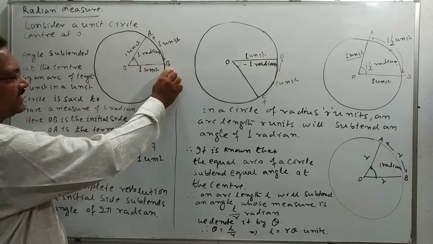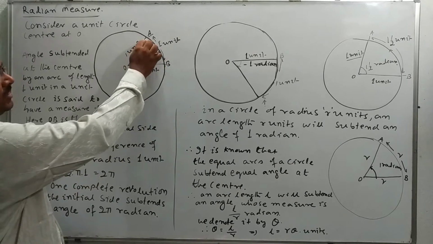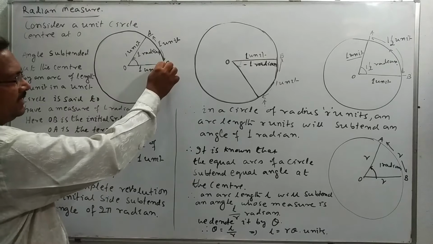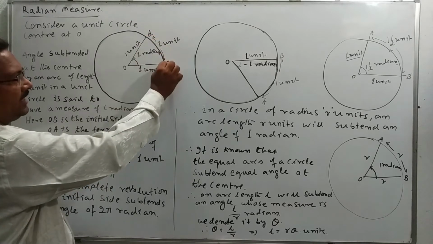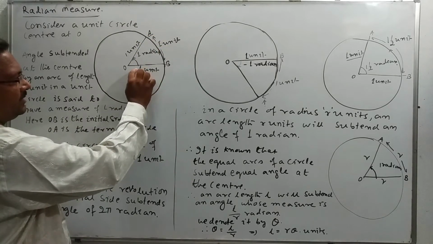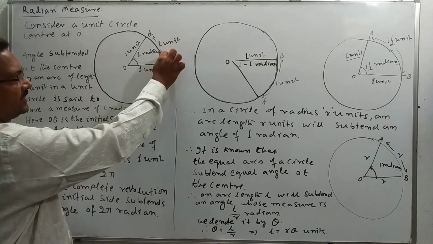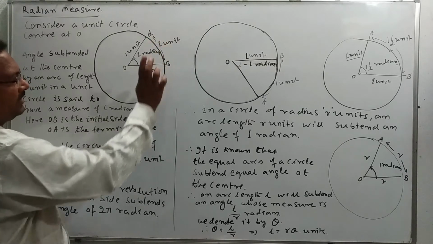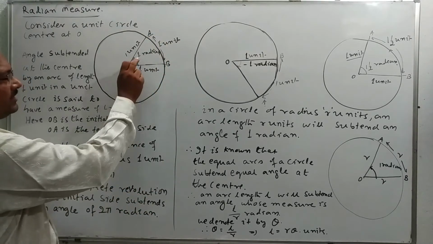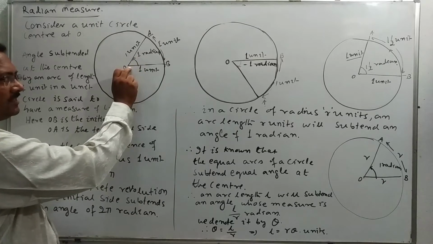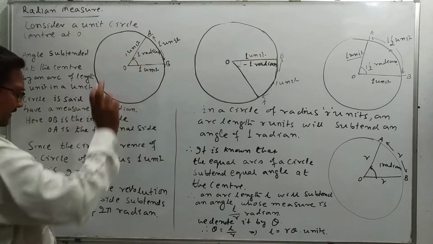OB is my initial side and OA is my terminal side, and the length of arc AB is 1 unit. The radius is 1 unit and the arc length is 1 unit. So the angle inclined at the center is 1 radian.